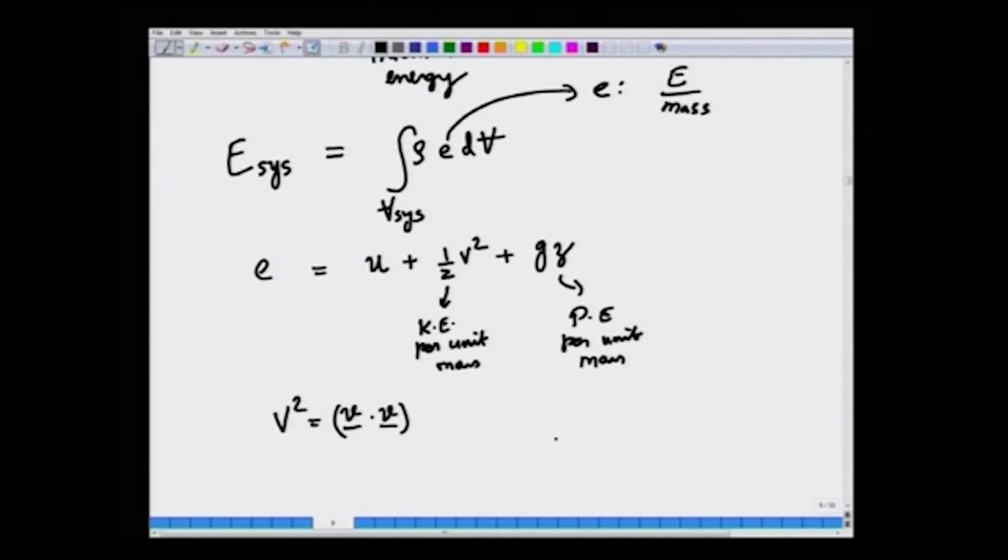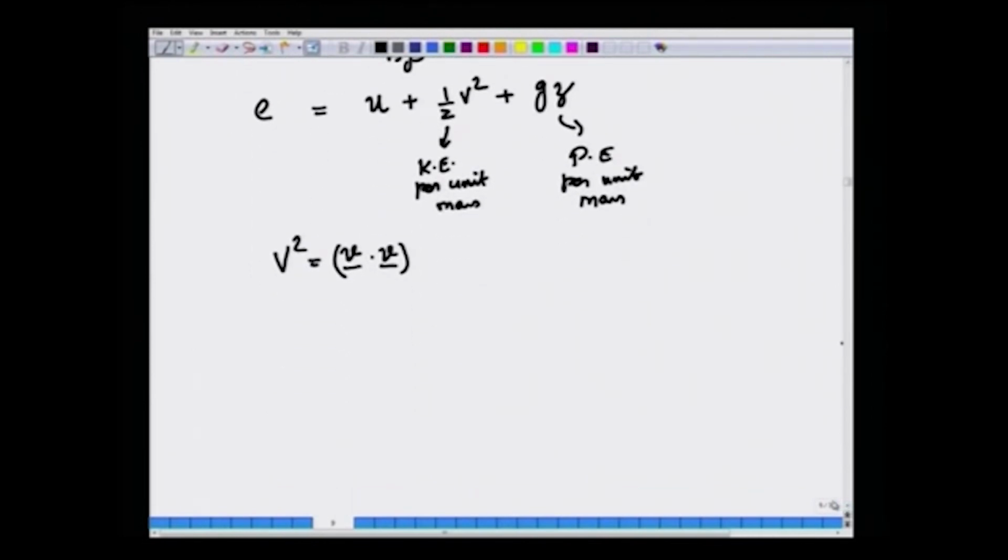So we want to now generalize this to a control volume formulation. In order to use the Reynolds transport theorem, remember that we have to write dN/dt of the system.